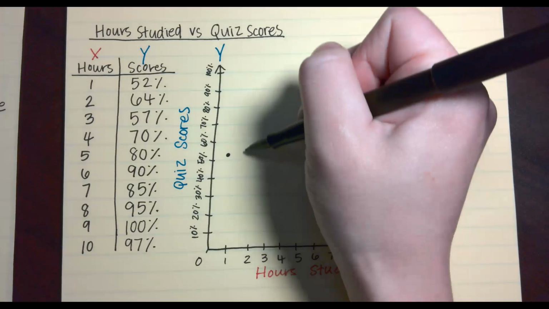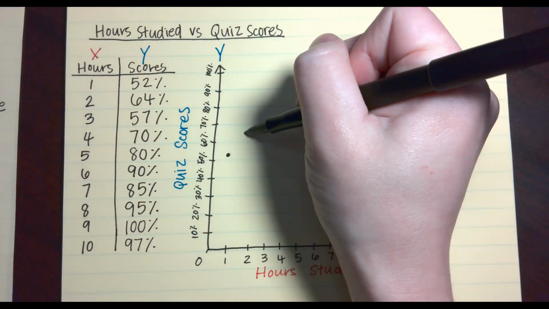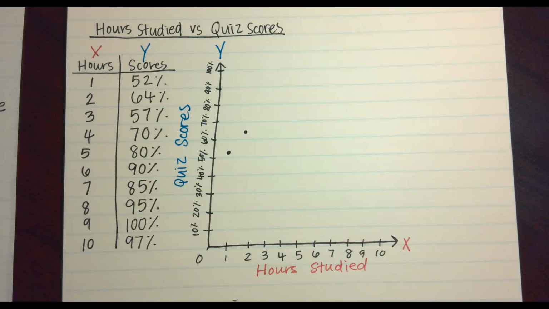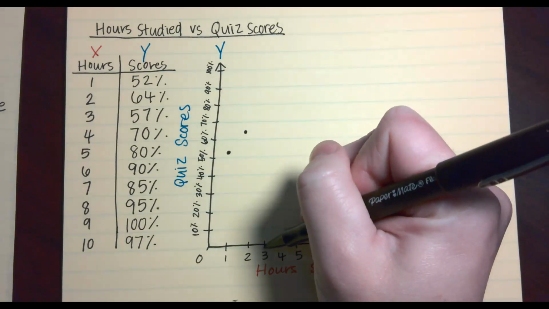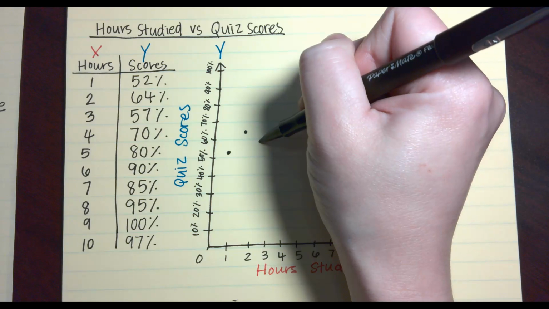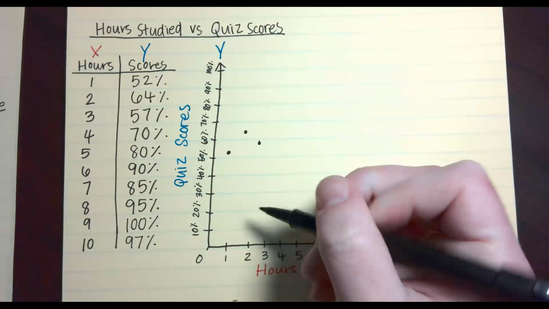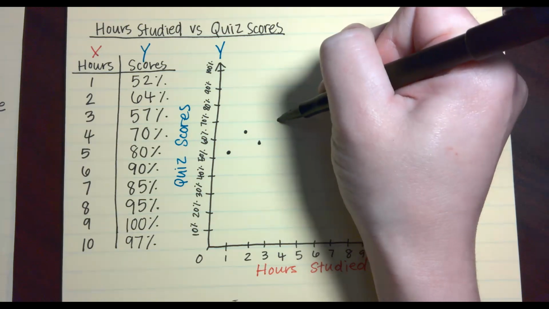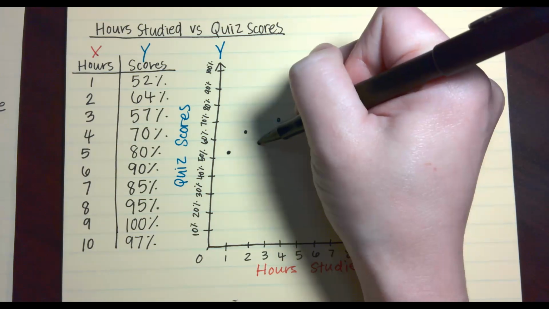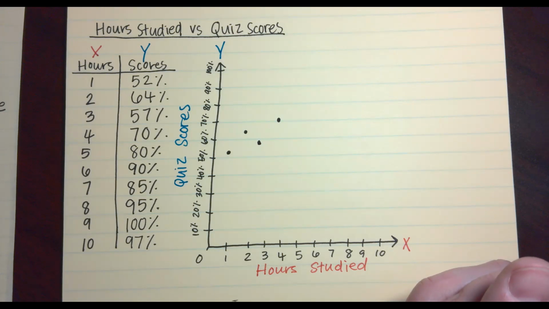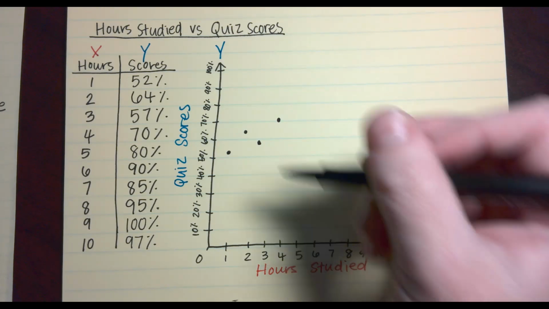So 2, middle of 60 and 70, a little below, about there. 3 got 57, so a little below 60. 4 got 70. And again, it doesn't have to be perfect. Just want it to be somewhat in the family of being accurate.